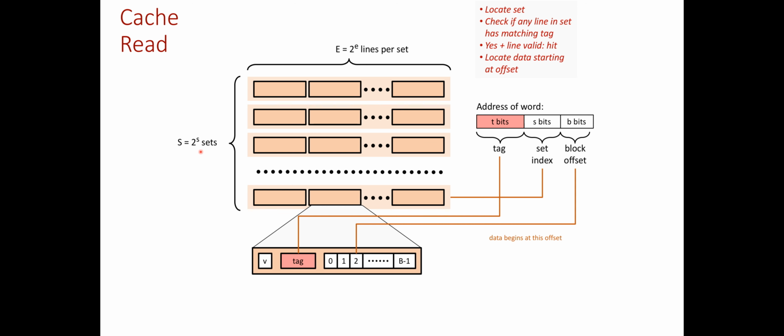We'll talk more about this little s and little e in a moment. So that's a cache read. Now, this is for an associative cache.